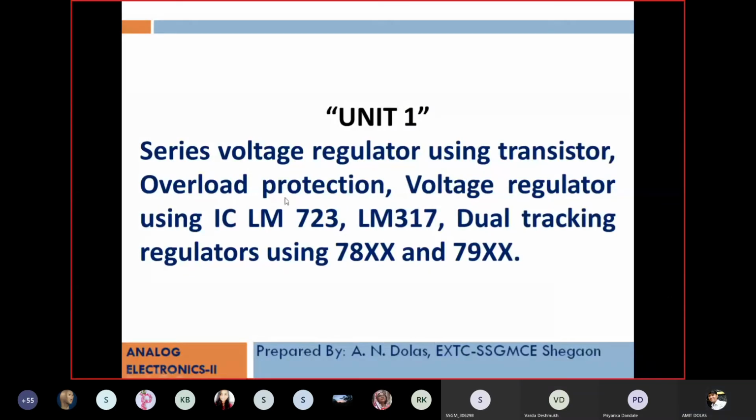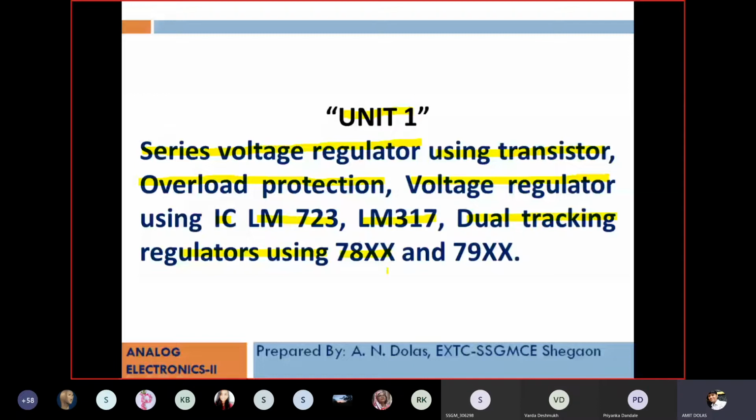So this is the topic of unit number 1: LM723, IC LM317, and dual tracking regulators using IC 78XX.